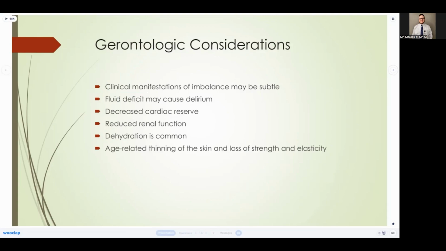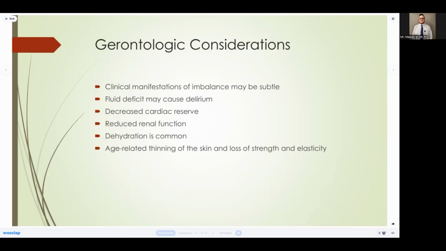Some other things to consider about our fluid components: gerontological considerations. Gerontology, again, is the study of the older population. With fluid status for them, the clinical manifestations may be very subtle, hard to detect.